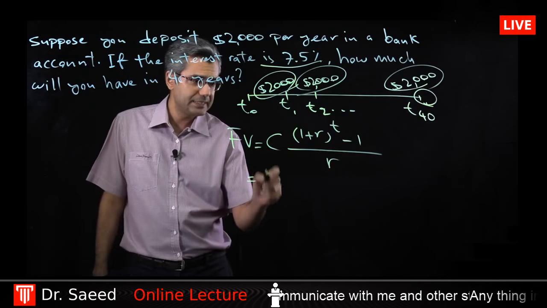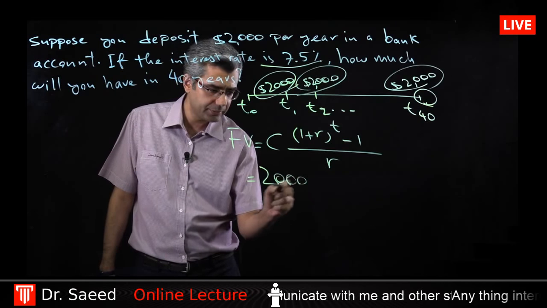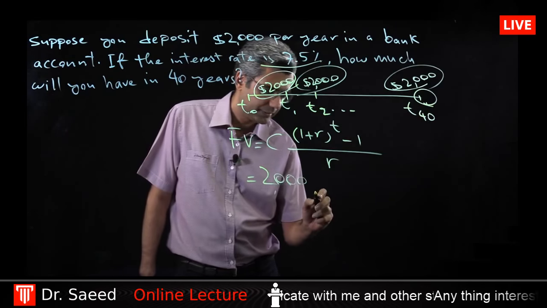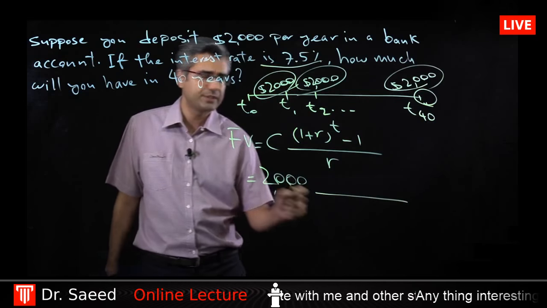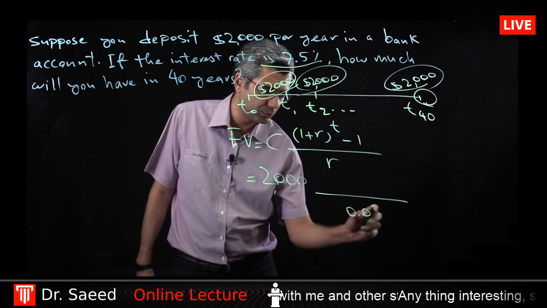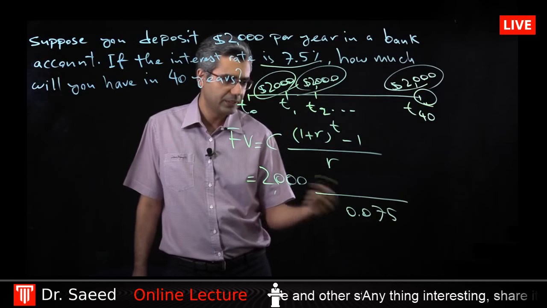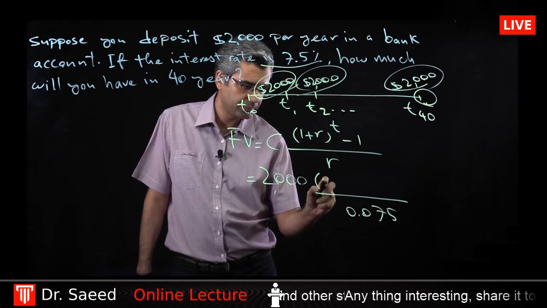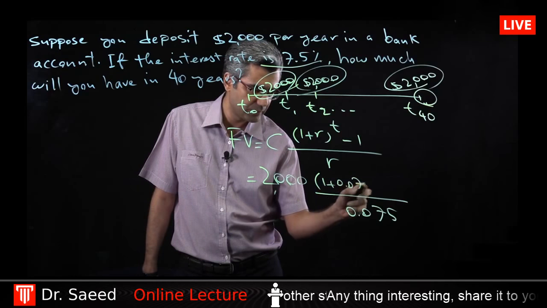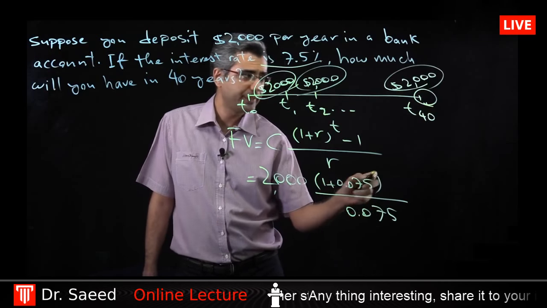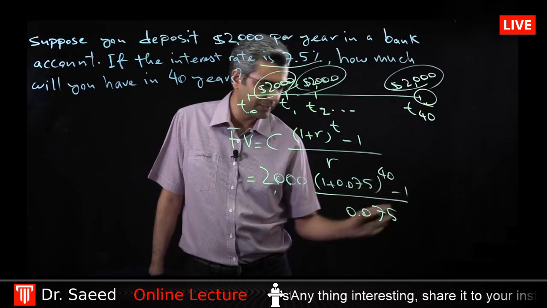And here C is $2,000. Then the interest rate is 7.5%, so 0.075, because we divide it by 100. Then (1 plus 0.075) to the power of 40, and then minus 1.